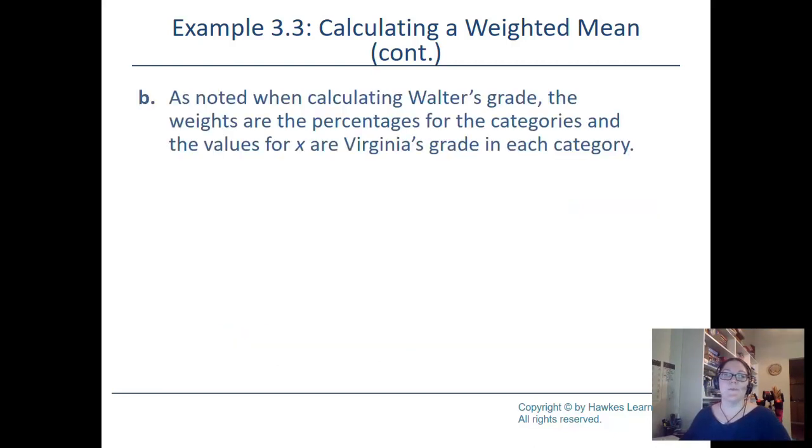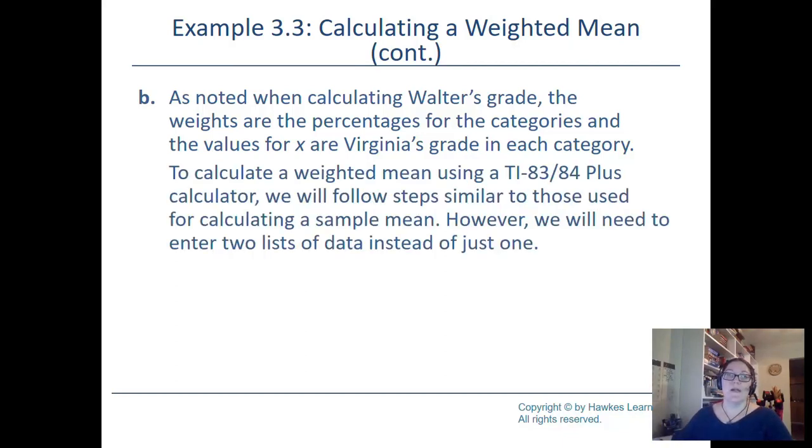As noted when calculating Walter's grade, the weights and percentages for those categories were the same. However, the values of X for Virginia's are different, but the category percentages for those weights were the same. As we said earlier, we are going to use the calculators to help us out here.